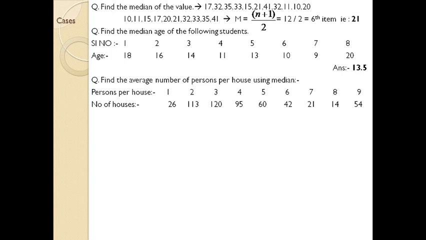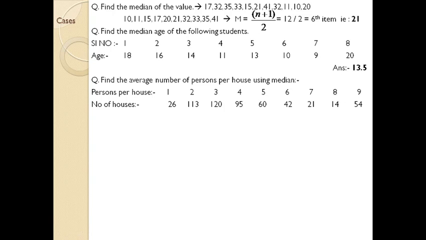So here it is given 1, 2, 3. It is not the serial number, it is a number of persons. In the first case, there will be 1 person per house. It can be possible 2 persons per house, 3 persons per house. And regarding houses, there are 120 houses that consist of only 3 persons.